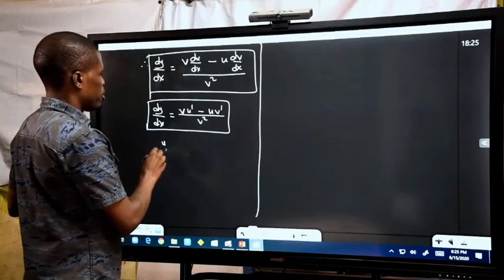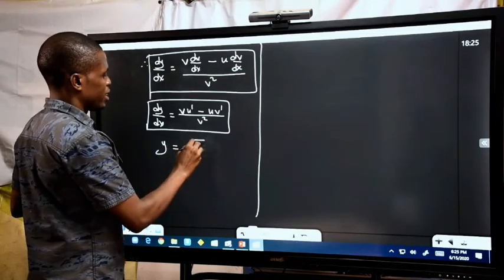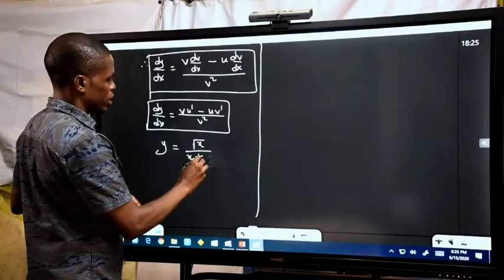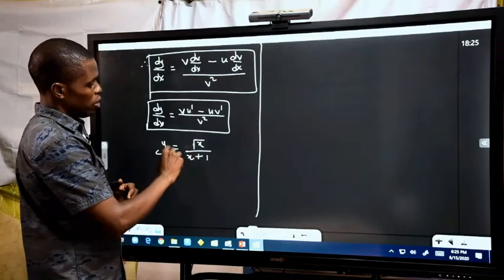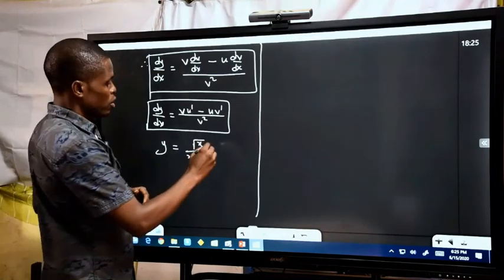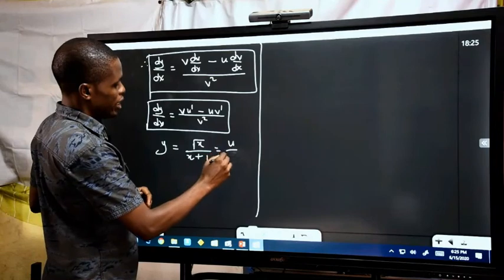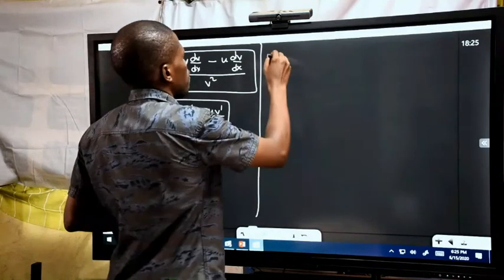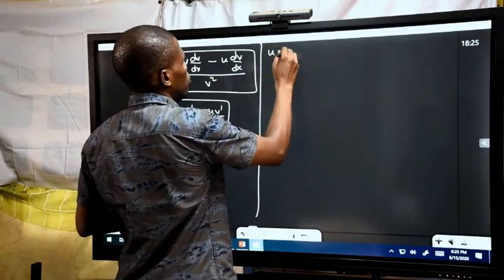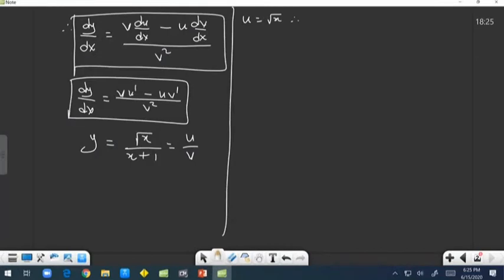So we are given this problem, y equal to root x divided by x plus 1. To solve this problem, we need to make this u and this v. So u is equal to root x, therefore du over dx, which is u prime, the differentiation of u, is something like x raised to the power of half.